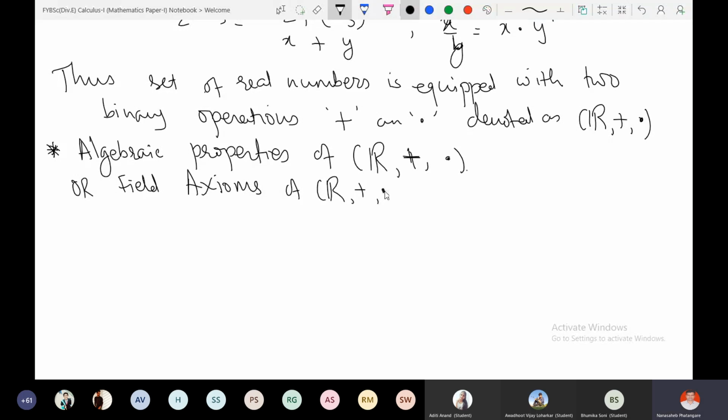Now R is equipped with two operations, two important tools, addition and multiplication, and axioms. So what is the meaning of axioms? Axioms means rules, right? Building blocks. What are the axioms? Axioms means rules or building blocks of the structure of real numbers.